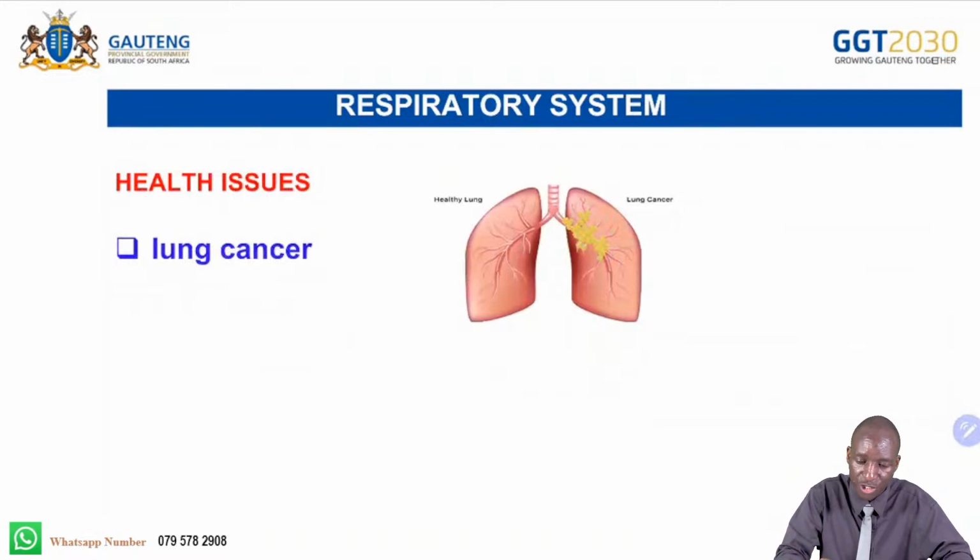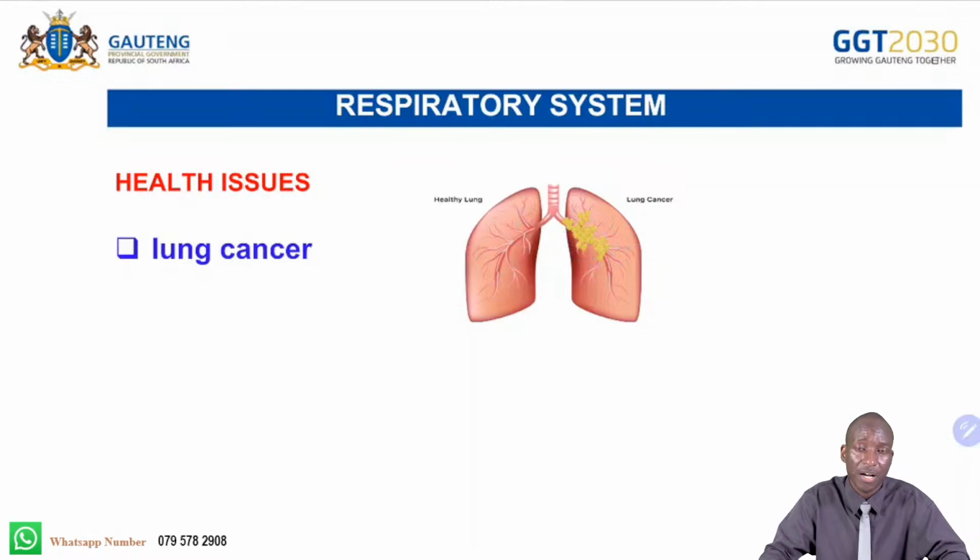As you can see on the diagram, there are cancer cells lining up on the blood tubes. This one is a healthy lung. But a lung which is infected with cancer shows those cancer cells. That's lung cancer, whereby your lungs get eaten away.